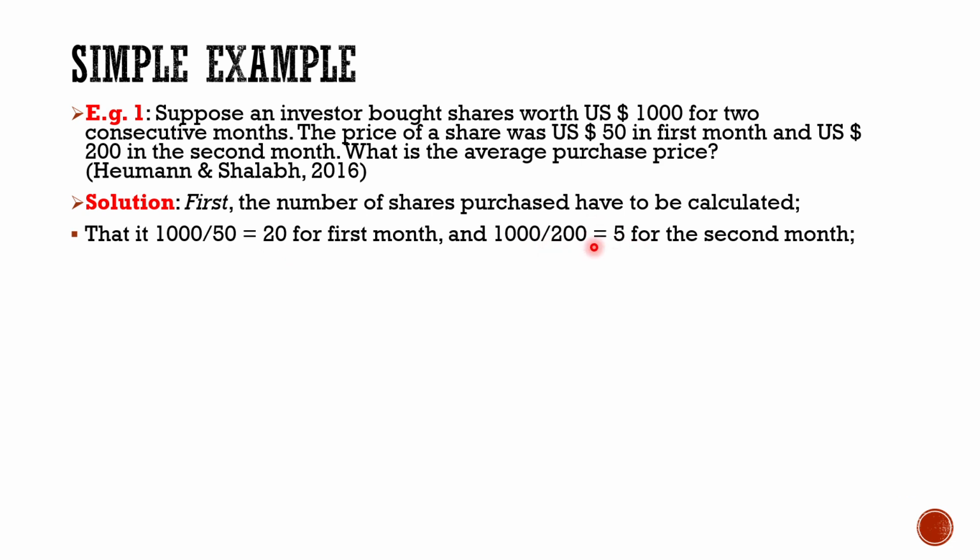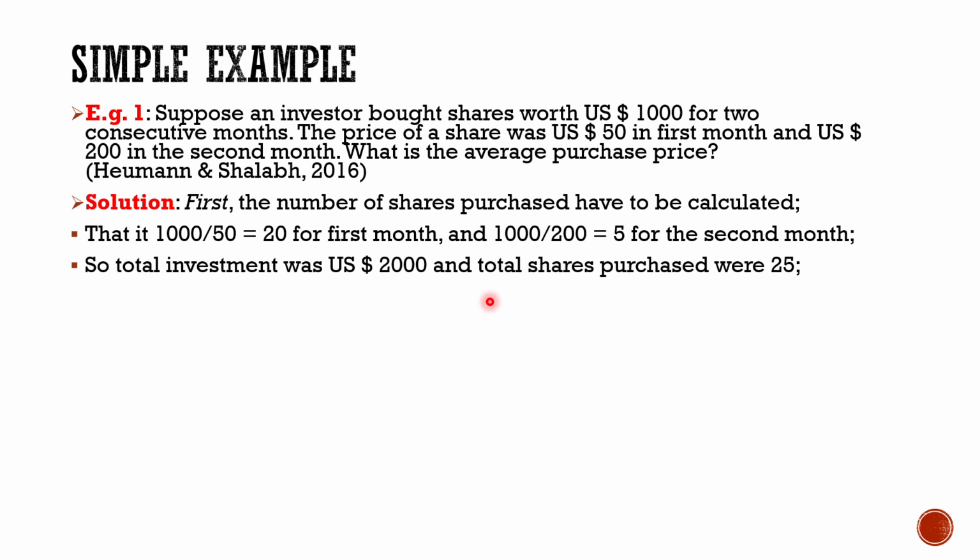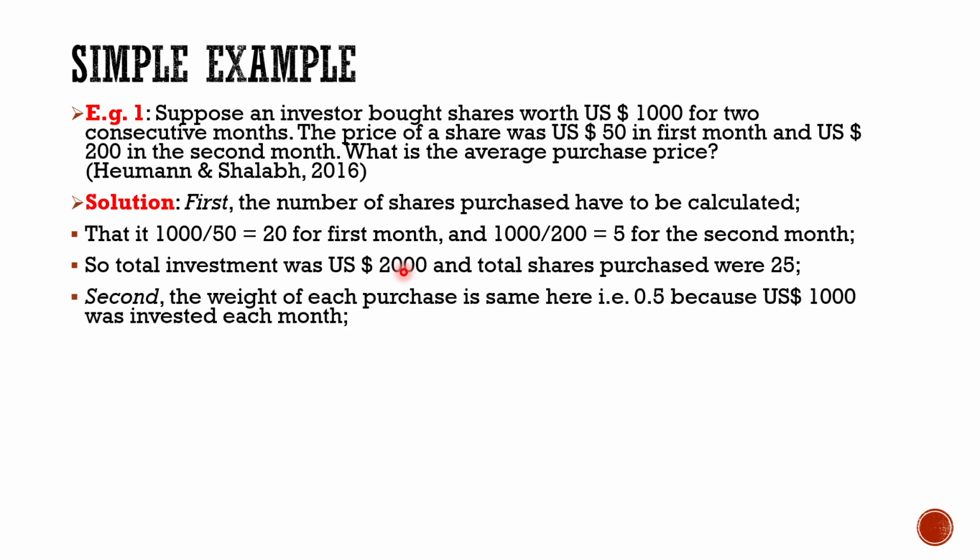It means 5 shares in the second month. So a total of 25 shares were purchased, and the total investment was 2000 US dollars over 2 months, 1000 in the first month and 1000 again in the second month.